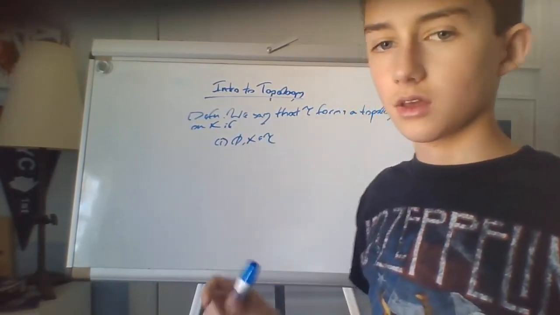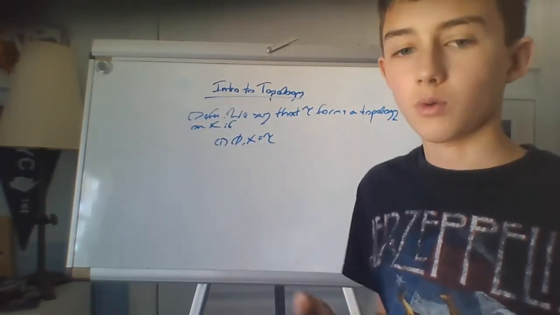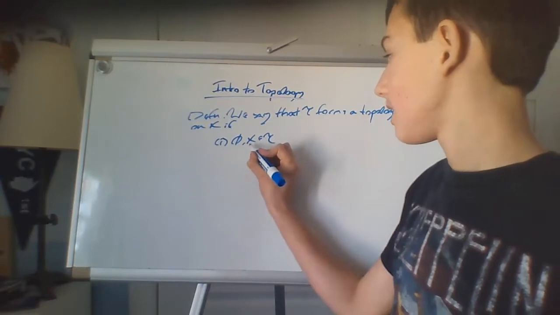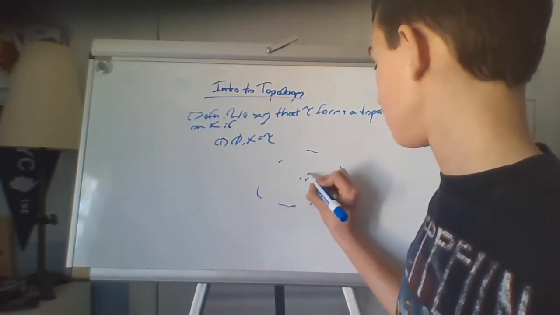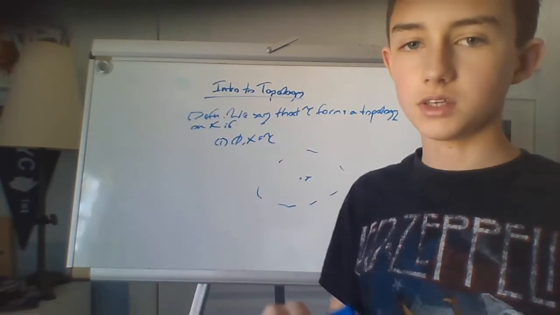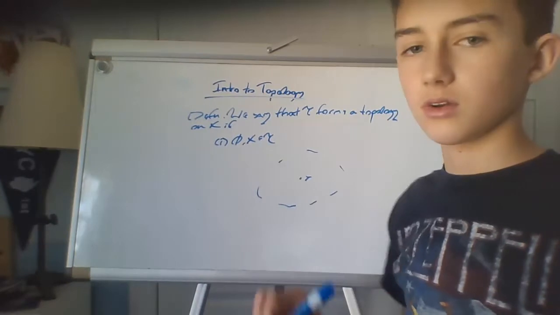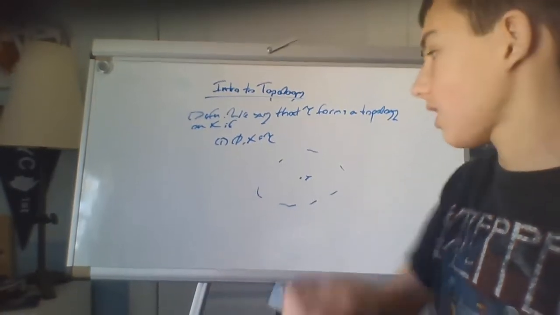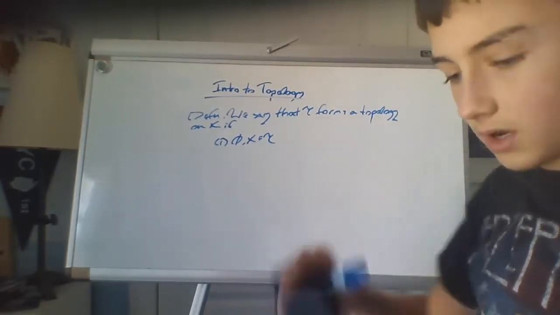So we're just setting, first of all, a minimum for what we want the topology to be, and here it has to contain X because, of course, all of the open intervals contain X, and then we take the union of all of these. Collectively, all of these points are X, and if all of them contain all of the X's individually, X has to be an element of tau, right?